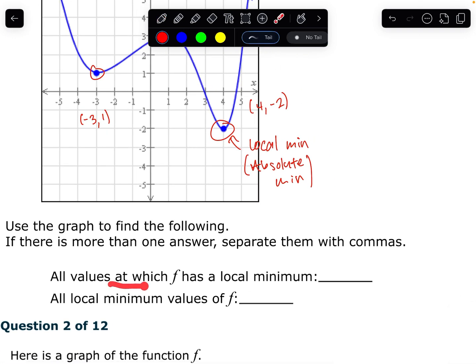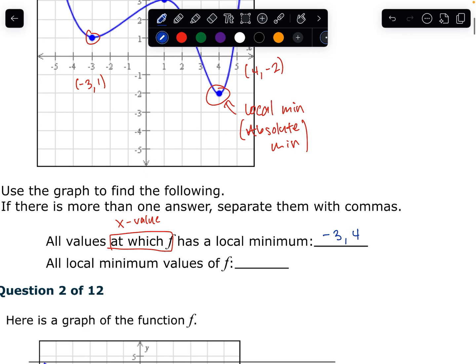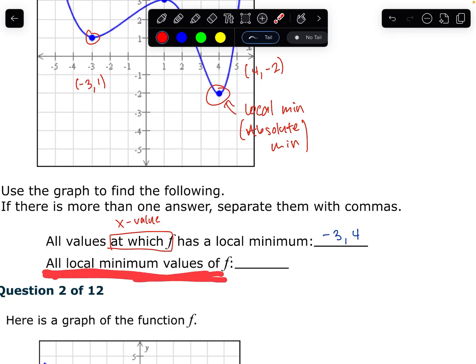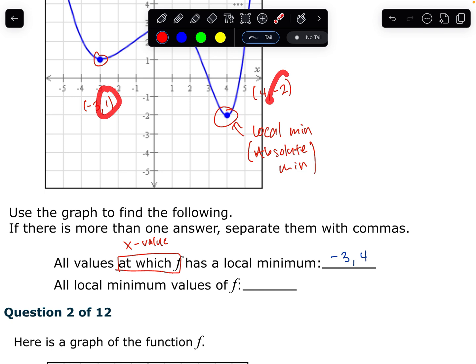All values at which f has a local minimum are the x values, so I would say -3 and 4. Then it says all local minimum values, which are the y values. So the y values are 1 and -2, so I would say 1 and -2 for the answer there.